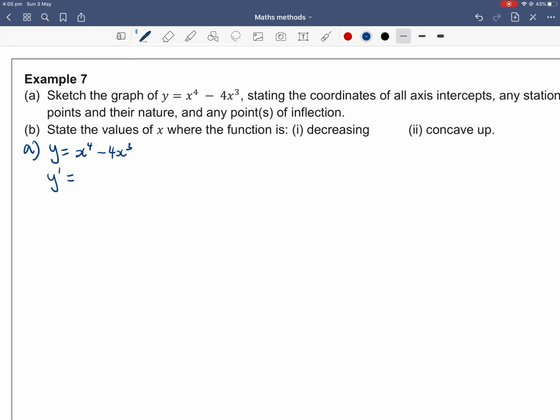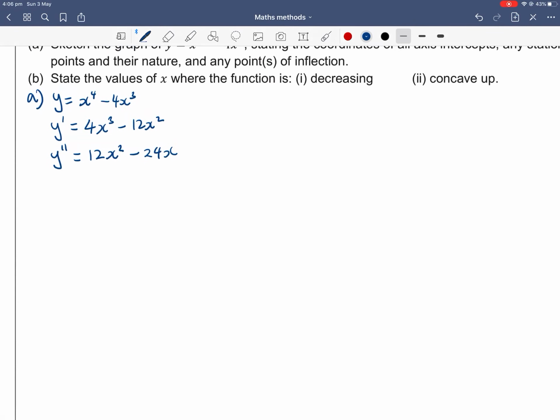Differentiating our normal polynomials, we get 4x cubed minus 12x squared. Because we need to consider the nature of the stationary points and any inflection points, we need to look at the second derivative, or y dash dash. So differentiating our y dash, we get 12x squared minus 24x.